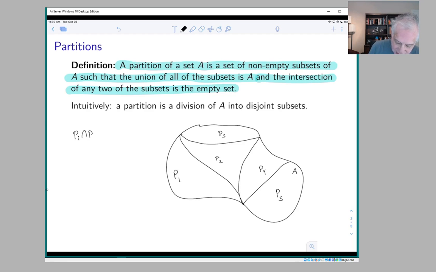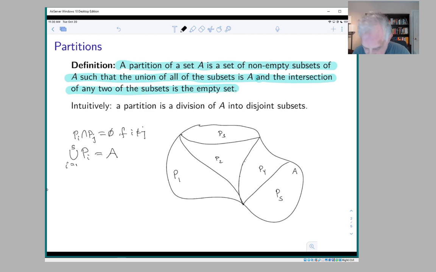Pi intersect Pj is empty if i is not equal to j. And the union, as i goes from 1 to 5, of Pi is A. And so there are no points that lie on these dividing lines. All the points of the set lie inside one of these pieces. So there's my picture. So you can see where the word partition comes from. It's a good name. It's a way to chop up a set into disjoint pieces.